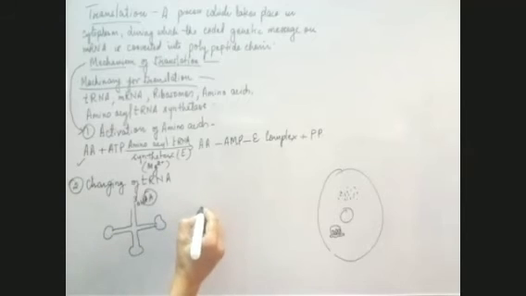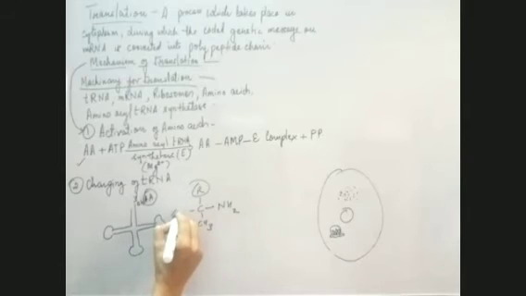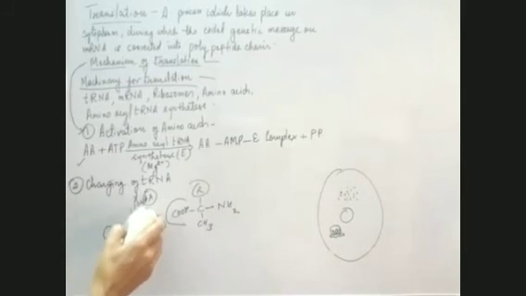If you remember the structure of amino acid, this is CH3, here we have the NH2 amino group, and this side we have COOH. So from this side, it gets attached to the transfer RNA, at the amino acid attaching site, which is the 3' end, where the hydroxyl group is present.